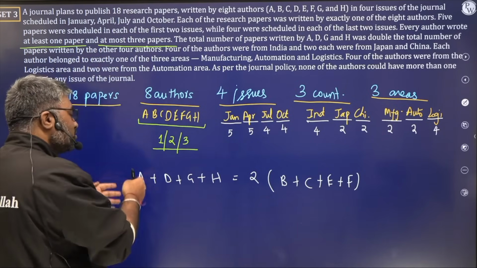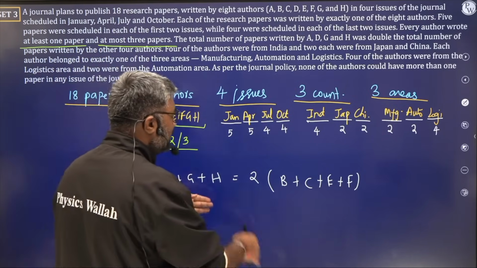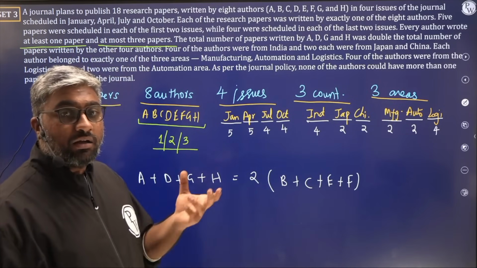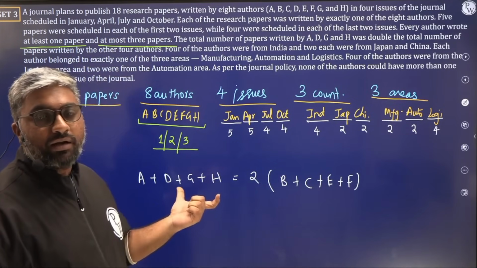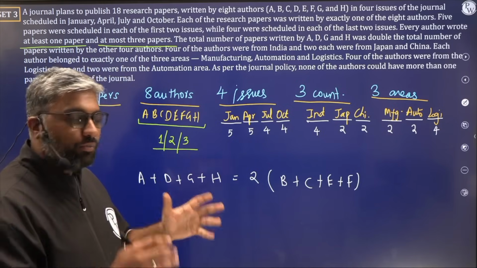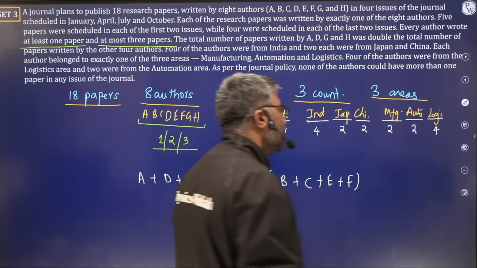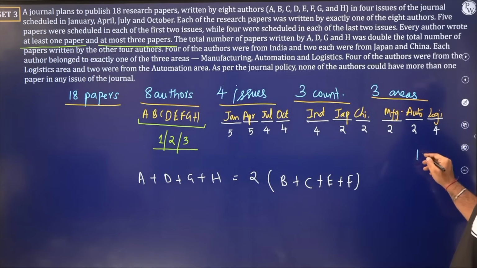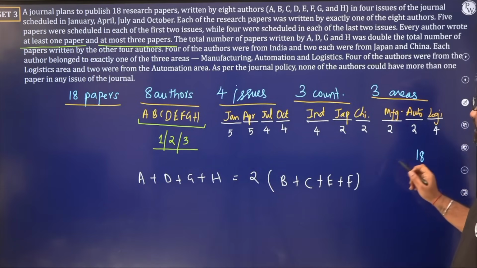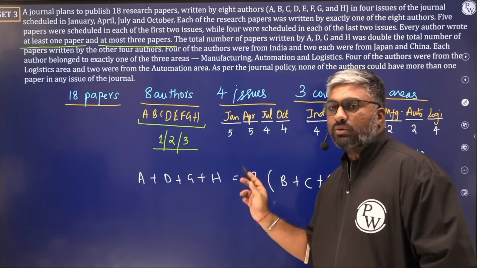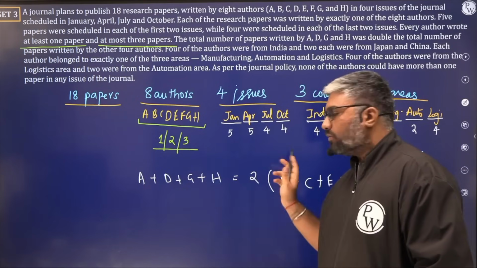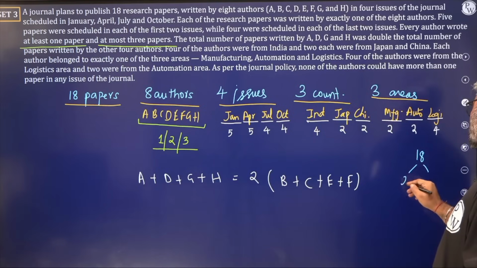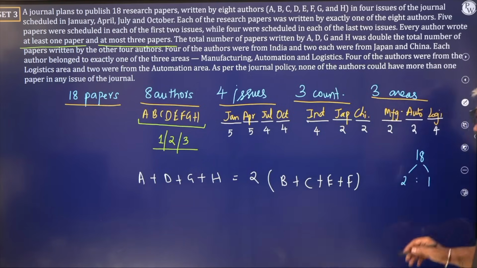Each of A, D, G, H could be difficult to find out, but we can find out the total number of papers they could have submitted as a group. So what do we know? We know the overall total is 18. 18 total papers were submitted. So 18 is split in the ratio of 2:1, 2 parts for them and 1 part for them, right? Something of that sort. So 2:1 for 18 is going to be what?